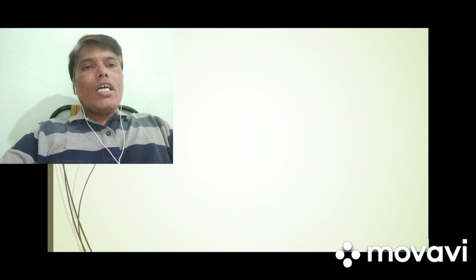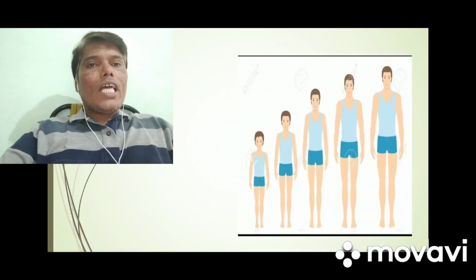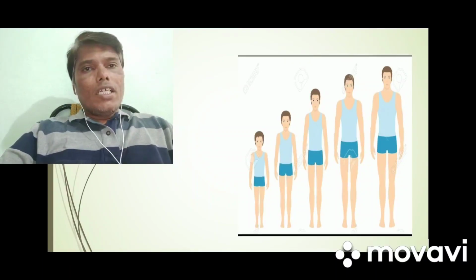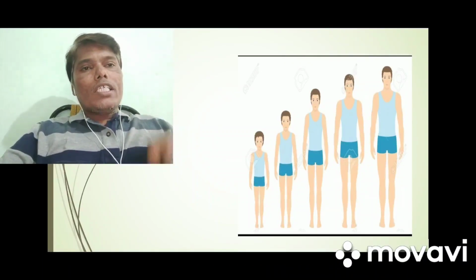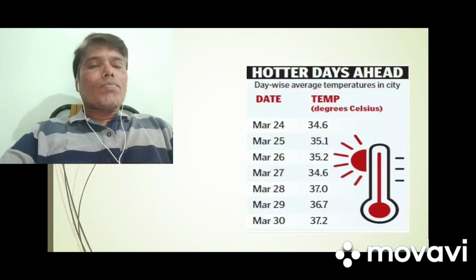Let us observe the next picture. It shows the height of a growing boy. So it has no fixed height. The height of a growing boy keeps on changing. Observe the next picture.